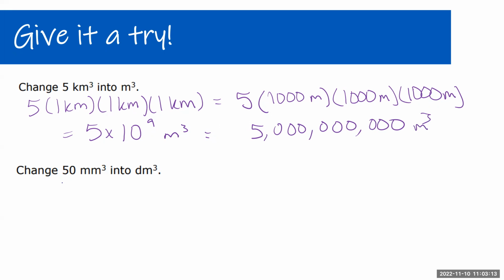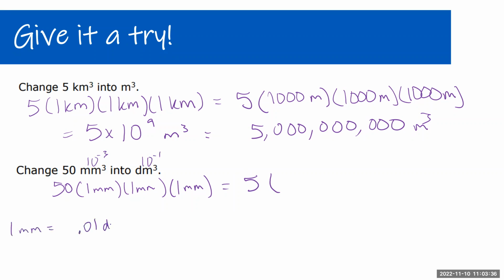Okay. 50 millimeters cubed in decimeters cubed. We have 50 times 1 millimeter times 1 millimeter times 1 millimeter. Remember that 1 millimeter, that's 10 to the negative 3, and decimeter is 10 to the negative 1. So we know that 1 millimeter equals 0.01 decimeters, because we're going to go 1, 2. Okay.